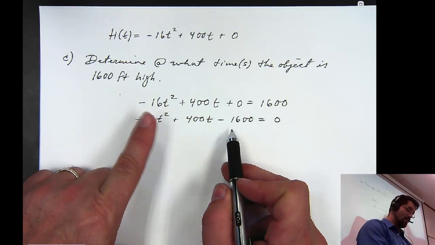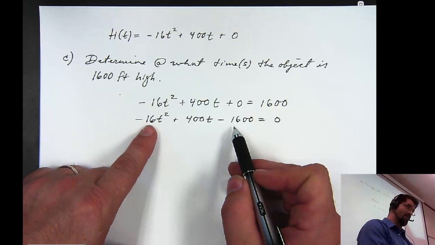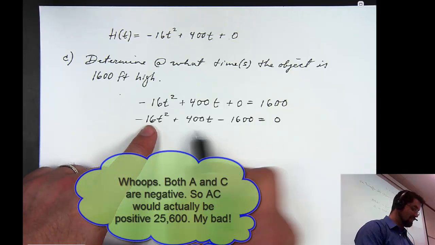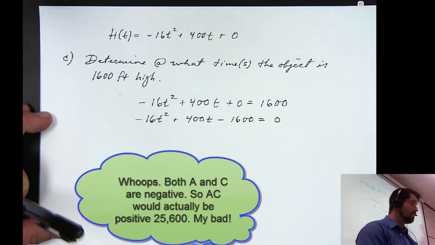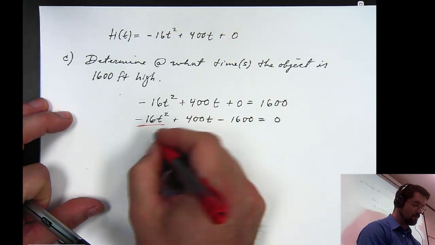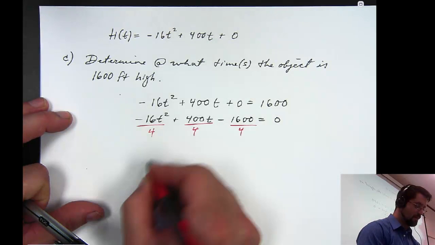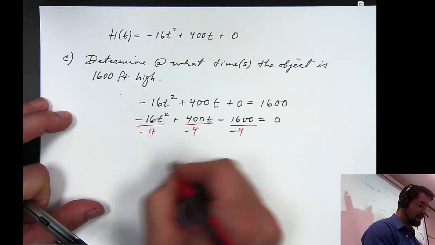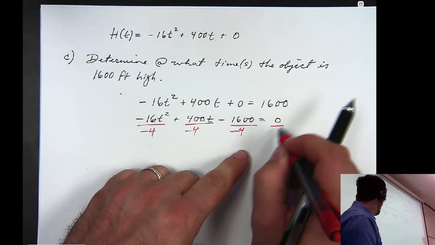I don't want to deal with 16 times 16, 2 factors of negative 25600 that add up to 400, right? I don't want to do the AC method until maybe I reduce this. So maybe a common factor is 4. I could do 4 at first. I'm going to do -4 though, just to get rid of the negative. And then when I do, oh wait, if I divide, I have to divide everywhere, right?